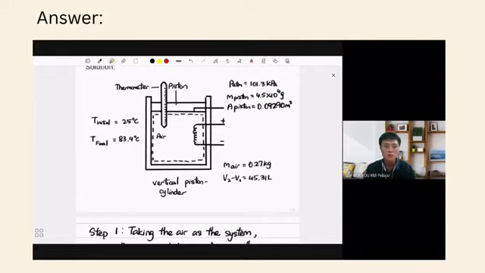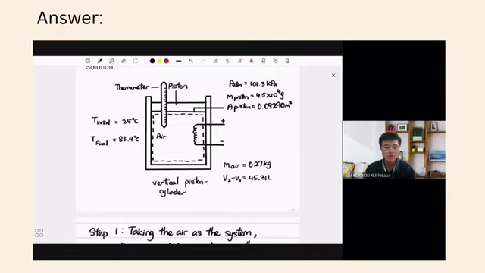From the question, we can notice that this is a vertical piston cylinder, and we also receive some information from the question, such as the atmospheric pressure, which is 101.3 kilopascal. The mass of the piston is 4.5 multiplied by 10 to the power of 4 gram. The area of the piston is 0.09290 meter squared.